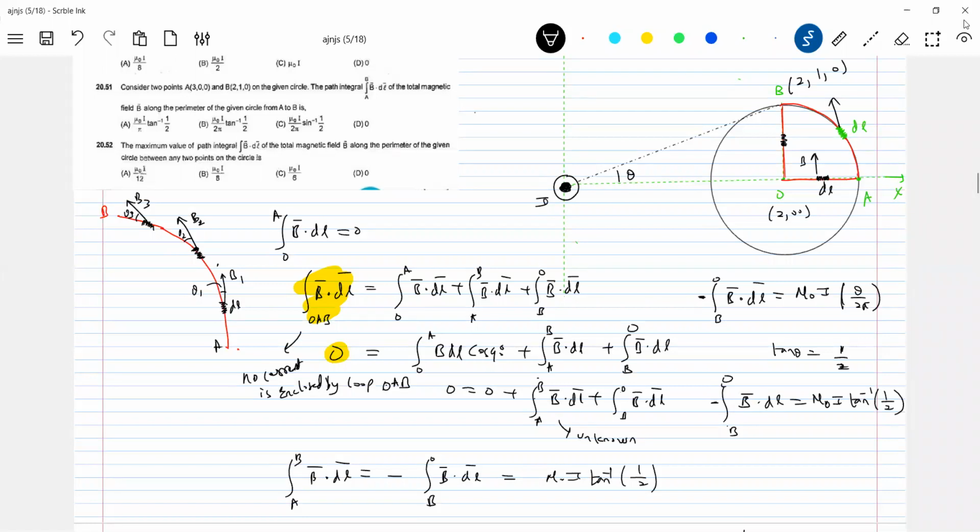The maximum value of path integral B bar DL of the total magnitude will be along the perimeter of the given circle between any 2 points on the circle. Means something is asking you to take out anything. So where the value of B bar dot DL will be maximum? When will it be maximum?